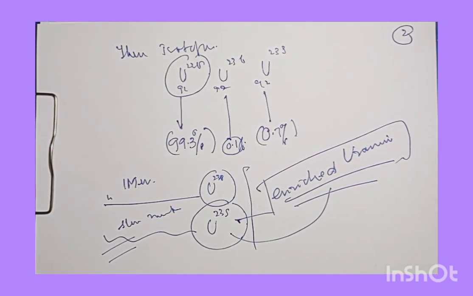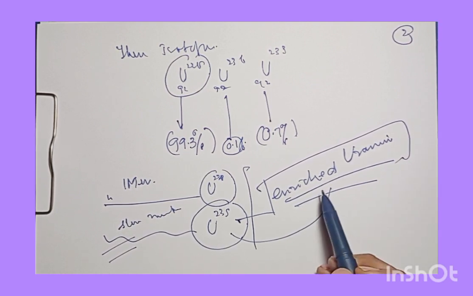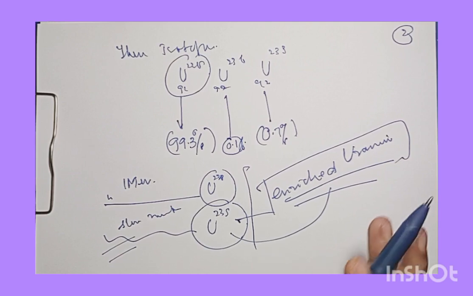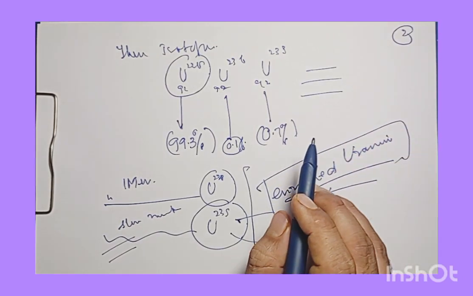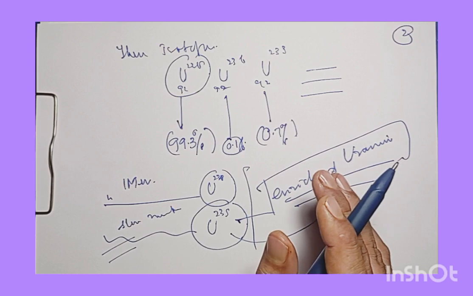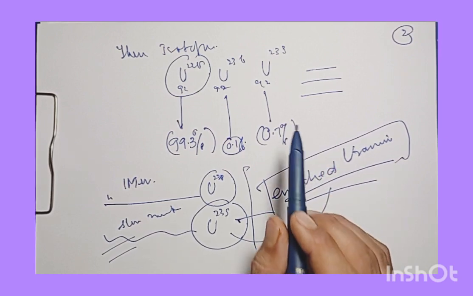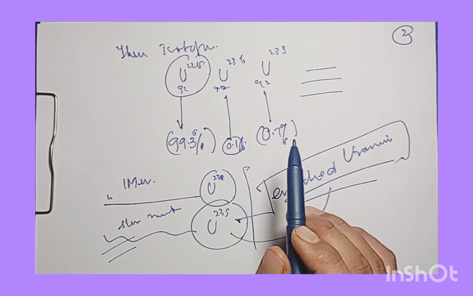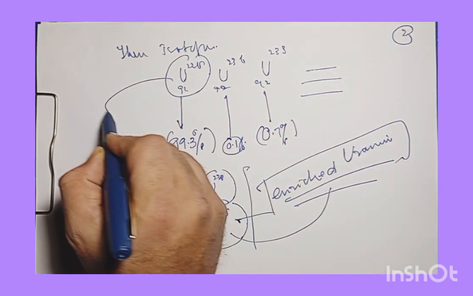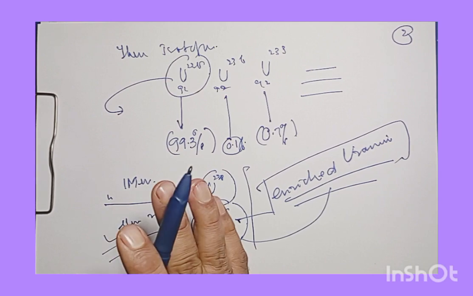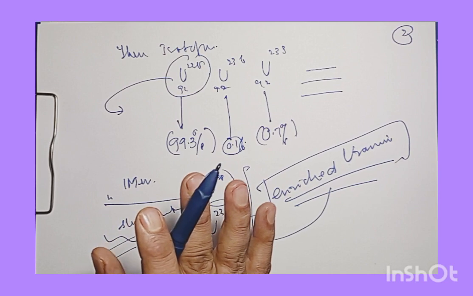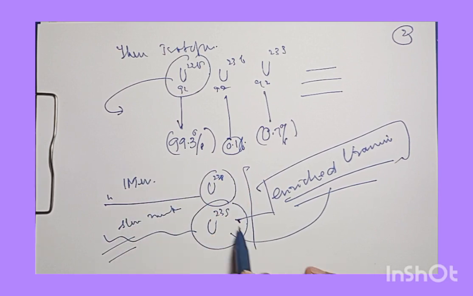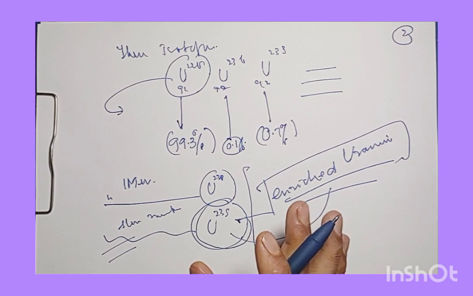Another important method to sustain this chain reaction is to slow down the neutrons. We can slow down the neutrons emitted in a fission, and the chances of causing fission of uranium-238 by slow neutrons are very small, as we talked about, and hence these neutrons are available for fission of the slow uranium-235.